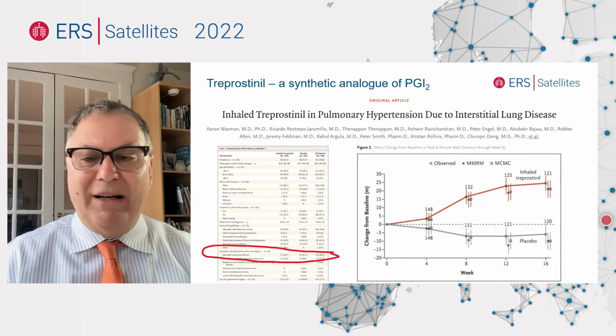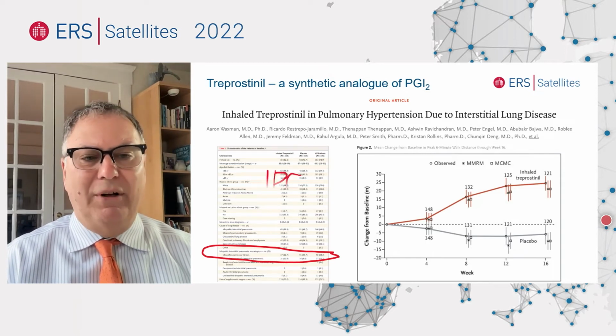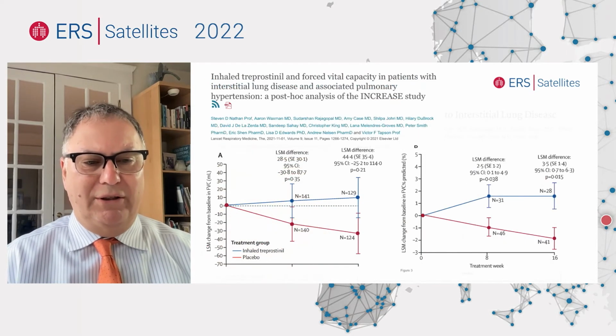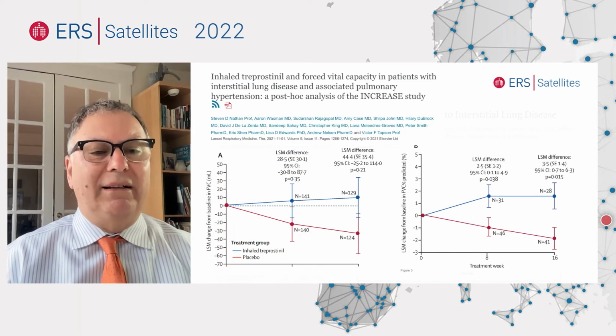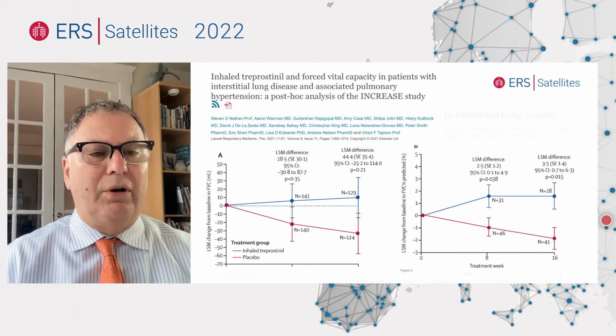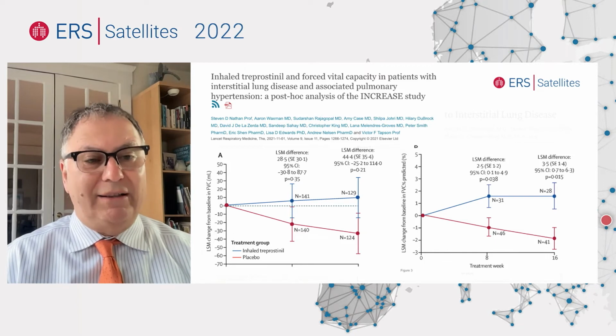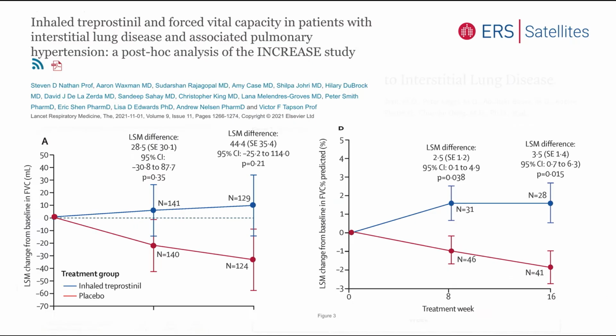And since many of the patients had IPF, the investigators actually looked forward, and what they saw is that patients treated with inhaled treprostinil actually had evidence of slowing down or maybe even improvement in forced vital capacity.